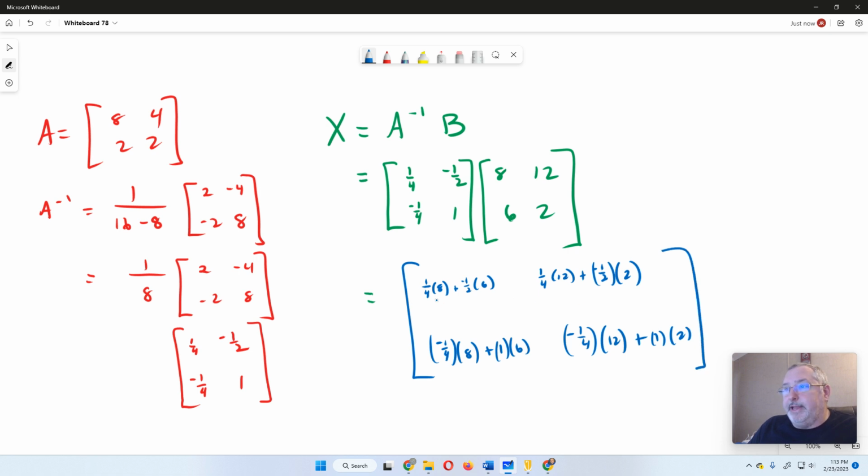So then we just work that out. 1/4 times 8 is 2. 1/2 of 6 is 3, that's a negative 3. 1/4 of 12 is 3. Negative 1/2 times 2 is -1. Negative 1/4 times 8 is negative 2. 1 times 6 is 6. 1/4 of 12 is 3, so that's negative 3 plus 2.